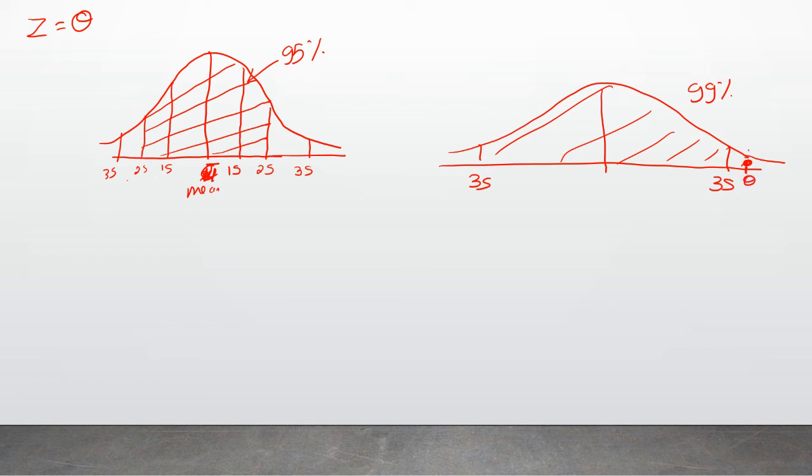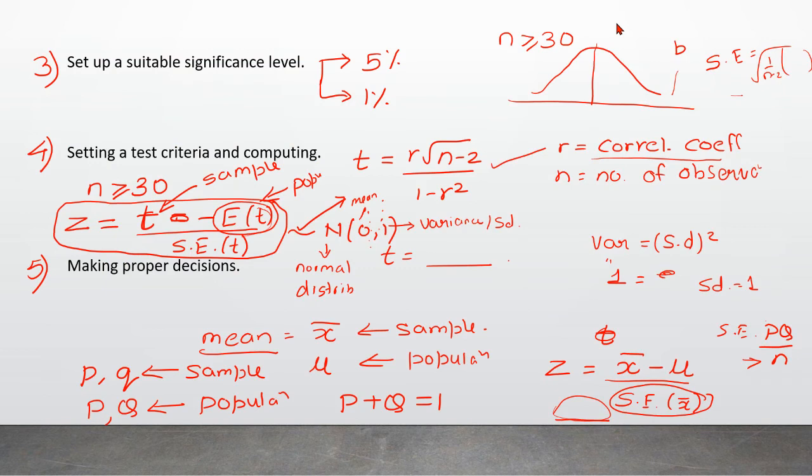Now, in that case, if your level of significance is 1%, I'll just say this. See, the third step of my testing of hypothesis procedure is to set up a suitable significance level, that is either 5% or 1%.